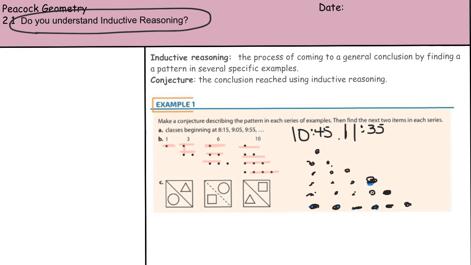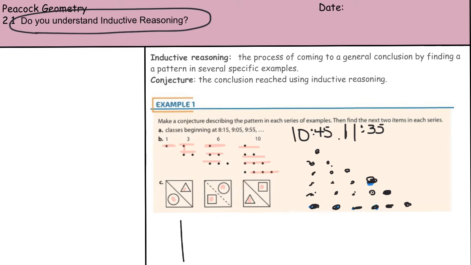Looking at C, we have to think just a little bit more. If we look at what we've got here in our picture, we've got a circle and triangle with a solid line, a square and circle with a dotted line, a triangle and square with a solid line. What is this asking us to do? Well, first of all, let's concentrate just on the diagonal line that's in the box.